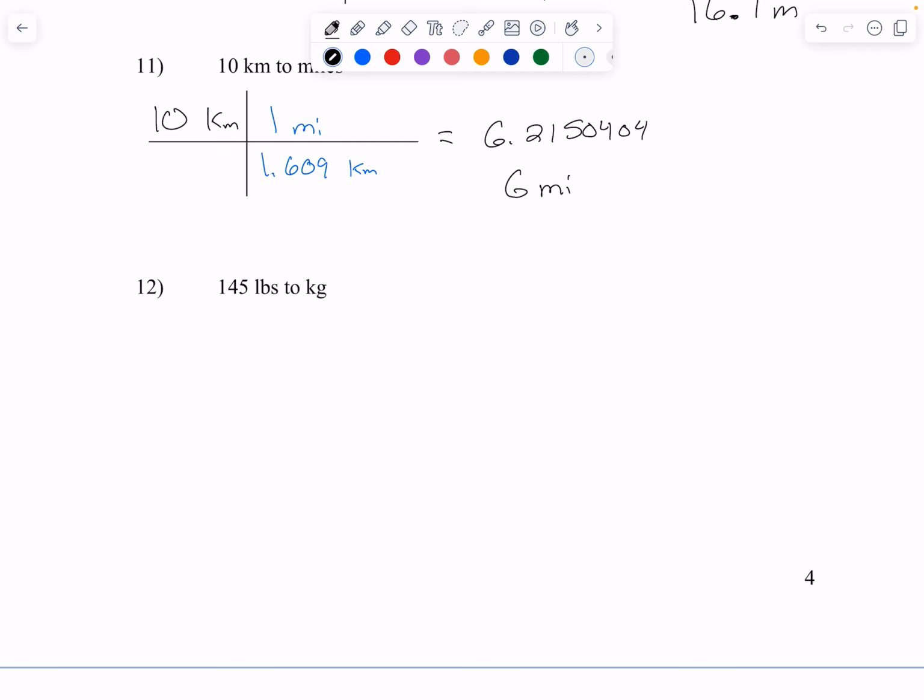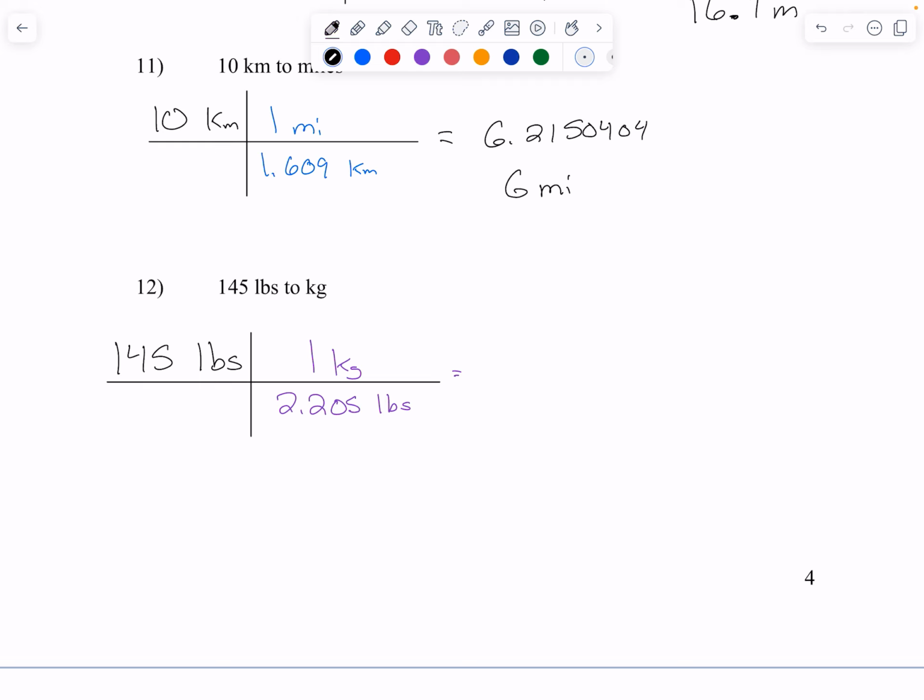145 pounds to kilograms. All right, so 145 pounds. Well, let's do it this way. And this is just a one step. And so we have 2.205 pounds is 1 kilogram.